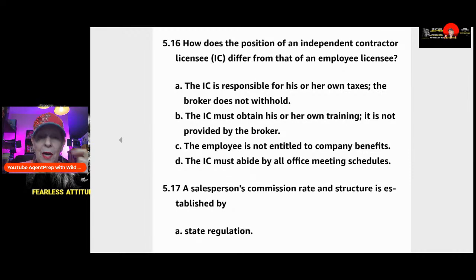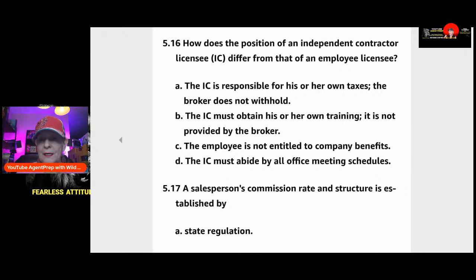They get hired by the brokerage instead of representing clients. So which one would be the correct answer as far as the difference between an independent contractor, once you pass your license, and an employee licensee?